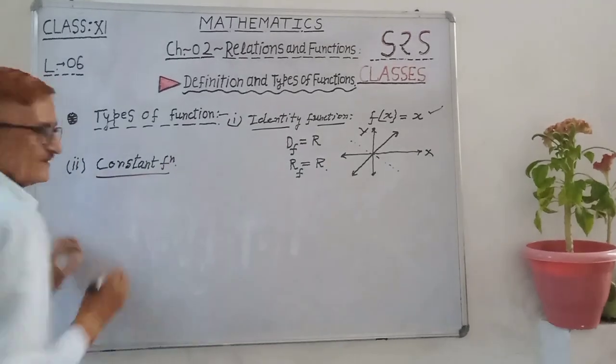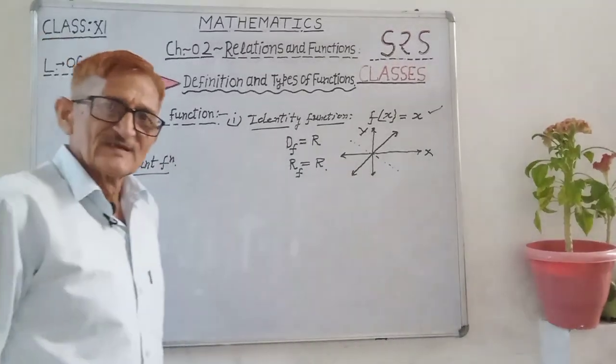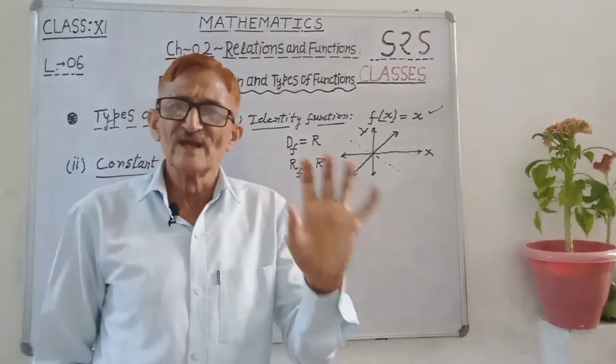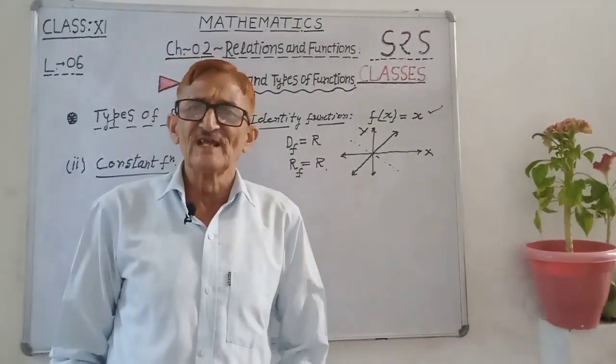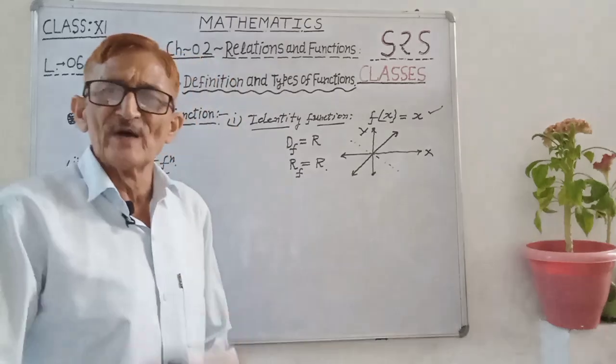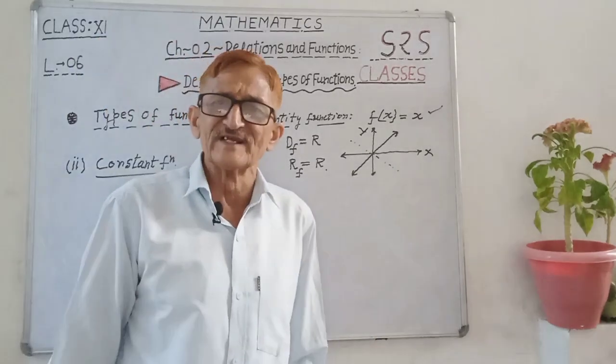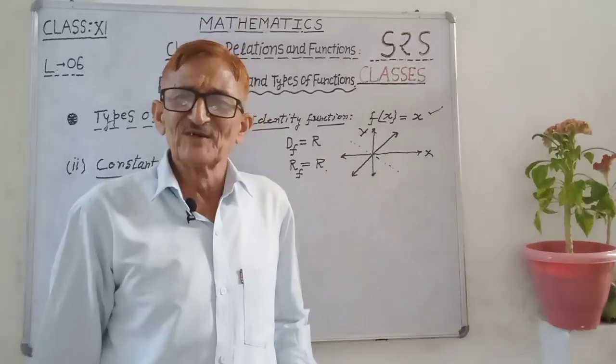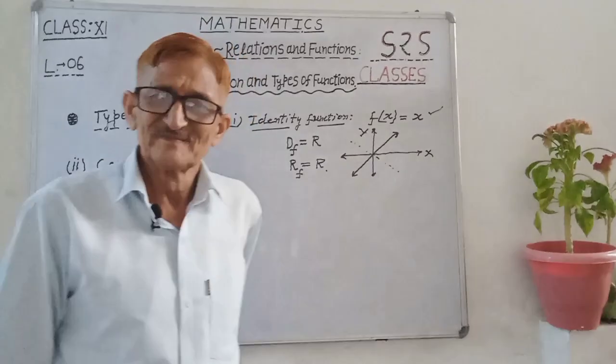What is a constant function? The word constant is clear: any fixed value, fixed number. f(x) = 2, f(x) = 12, f(x) = -8, any real number. X is not there, like a constant polynomial.